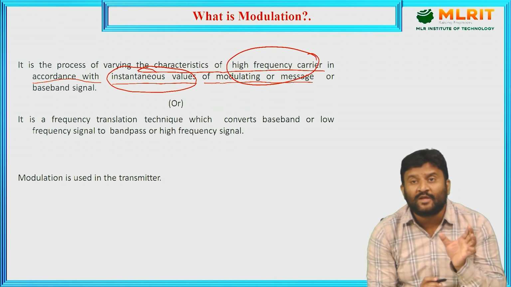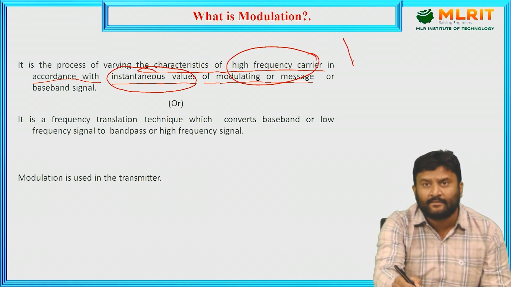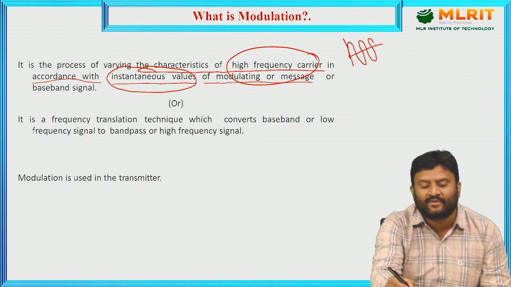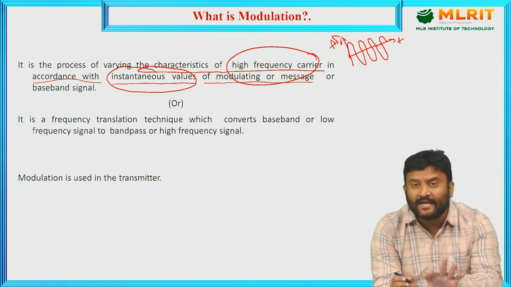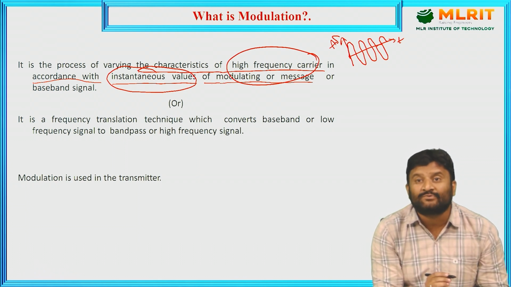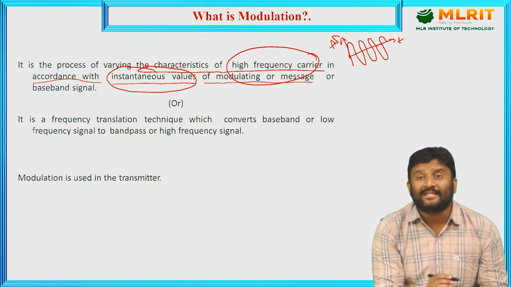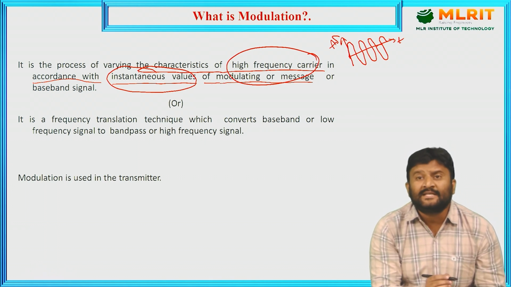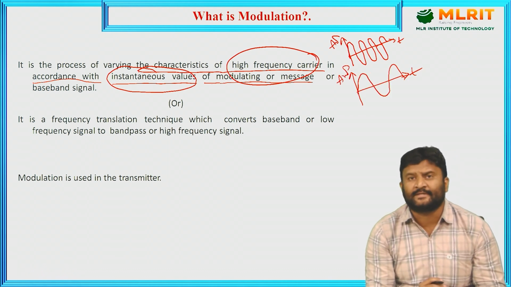But the definition is very important. Again, I am repeating: the high frequency carrier signal, this is the high frequency carrier, is varied according to instantaneous values of the message signal. You know the representation of the message signal, this is the message signal.